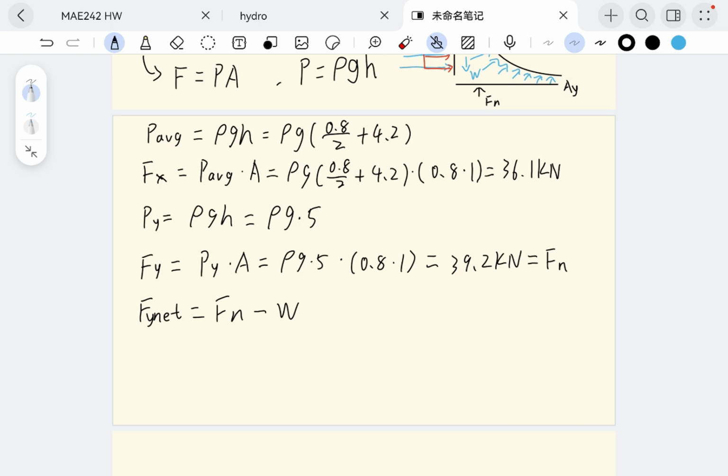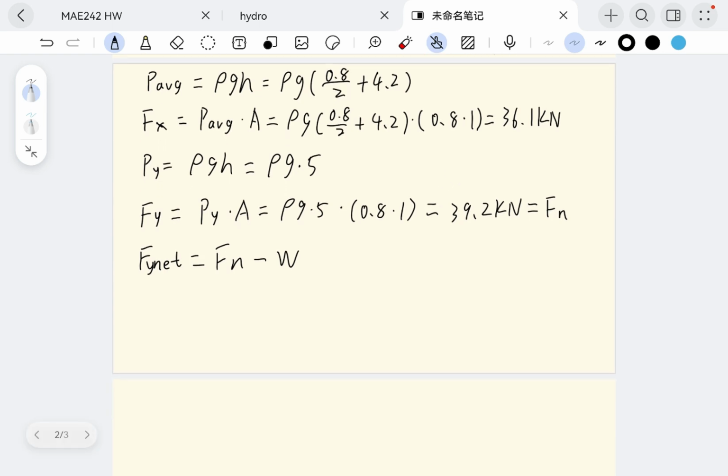Now we have Fn, but not W yet. So let's look for the weight of this water. We know that the weight is equal to mass times gravitational acceleration, but still we don't know the mass. So we're going to convert it to something else.